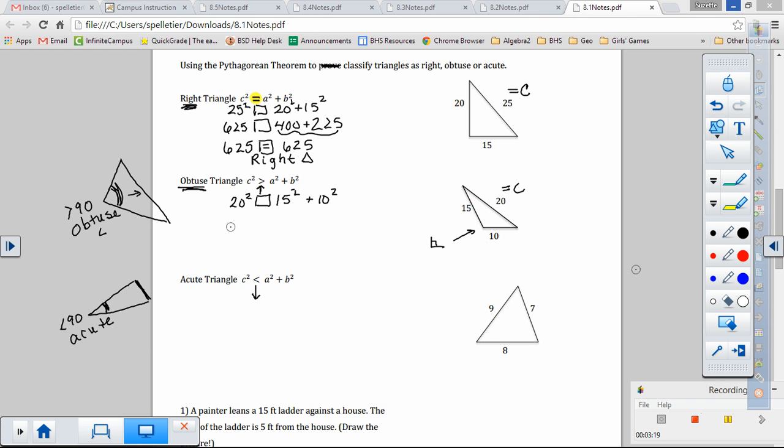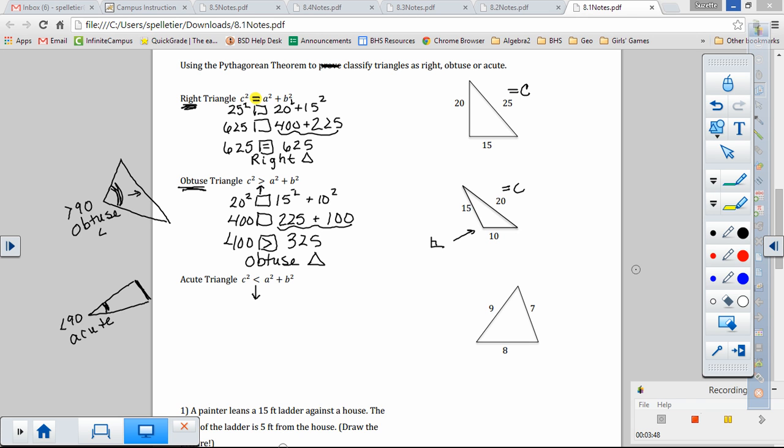So 20 squared is 400, 15 squared is 225, and 10 squared, 10 times 10, is 100. Again, add these together, 400, and then 225 plus 100 is 325. So 400 is greater than the two sides together. So if the hypotenuse side is actually longer than the other two sides, that means that this is an obtuse triangle.